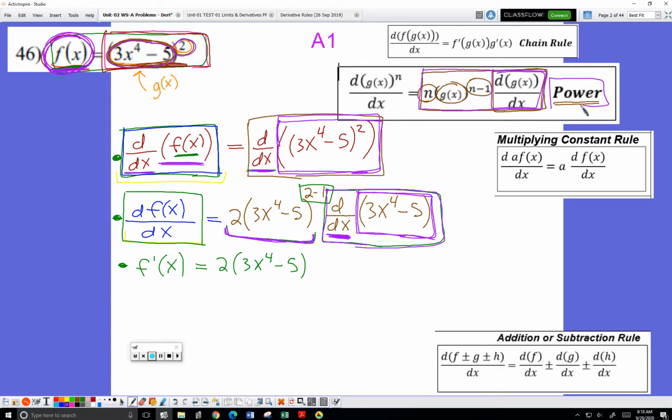We're using the rule. The rule says that if you apply a derivative operator to this power function, this g of x to the n, that expression can be rewritten like this. So that's what we did here. We rewrote it, and the result of our rewriting was we end up having to apply the derivative operator to the element that was inside of f, the g of x that was inside of the f function. Does that answer your question?